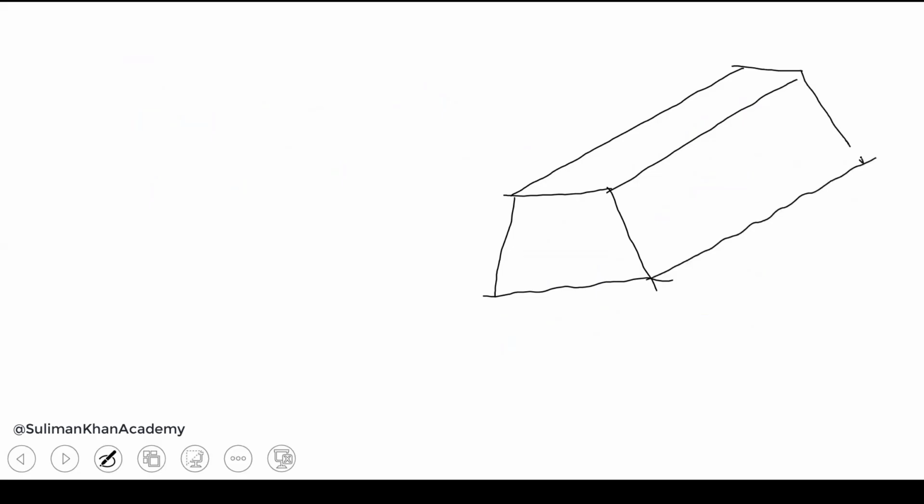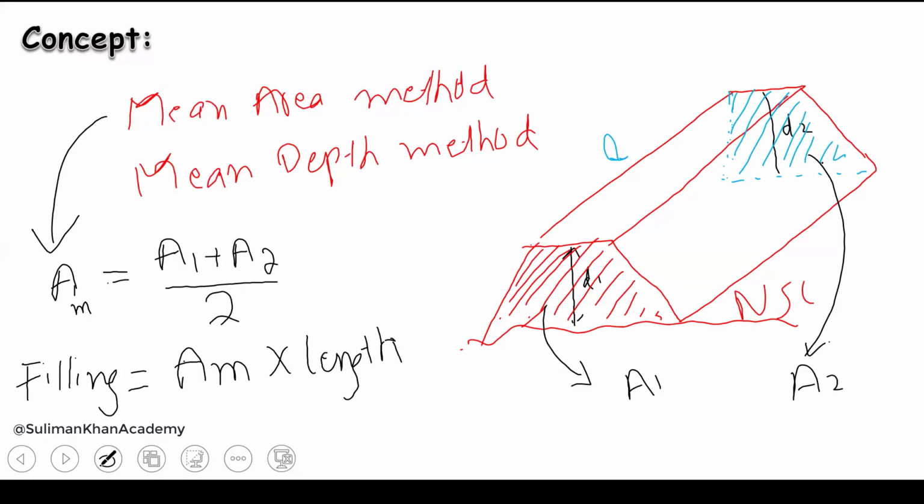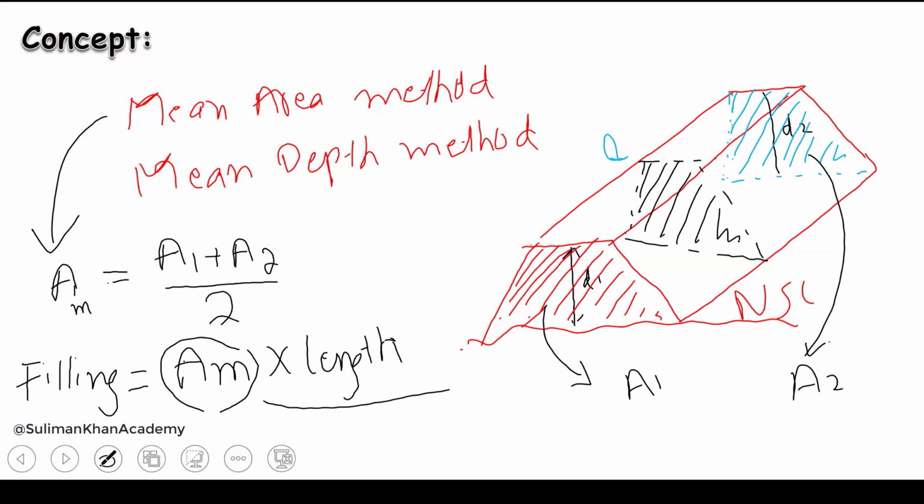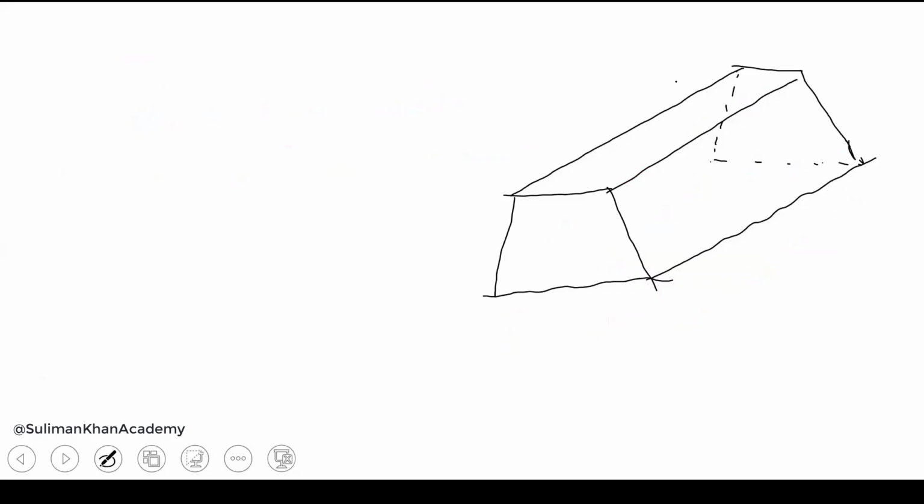As you can see, the mean area is the area of the same embankment at the middle portion, and this is AM. Now let's say I have different depths. You guys can hear me, please confirm it.